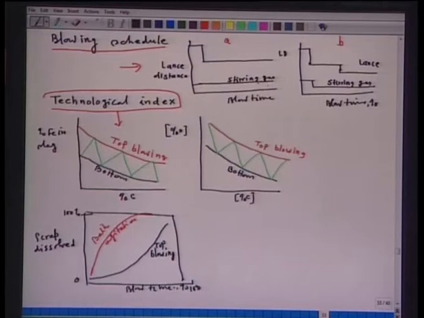There are some practices that work on this. Another practice, shown by B, starts with a higher lance distance, slightly lowered, then blows at a constant distance, and then again lowered, and then again blows at a constant distance. Some plants prefer a higher starting stirring gas rate, as shown here, and then decrease it and blow at a constant stirring gas amount.